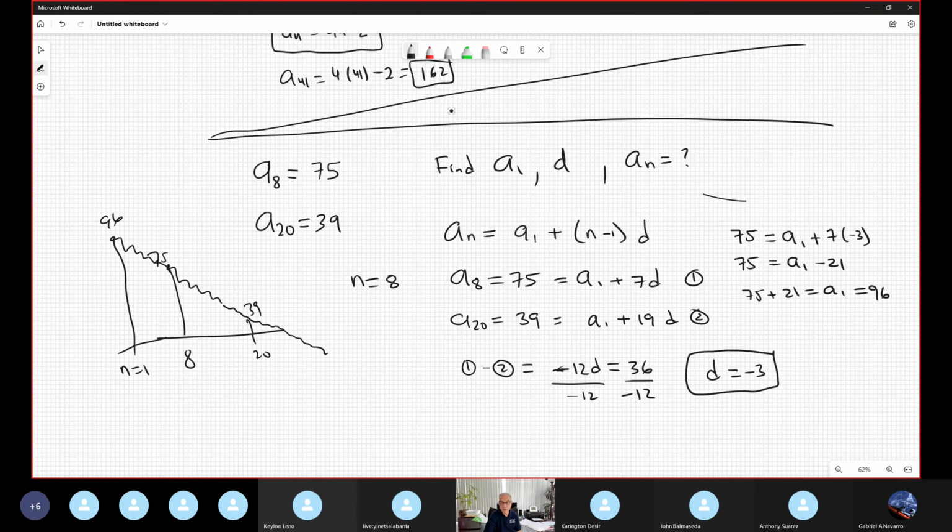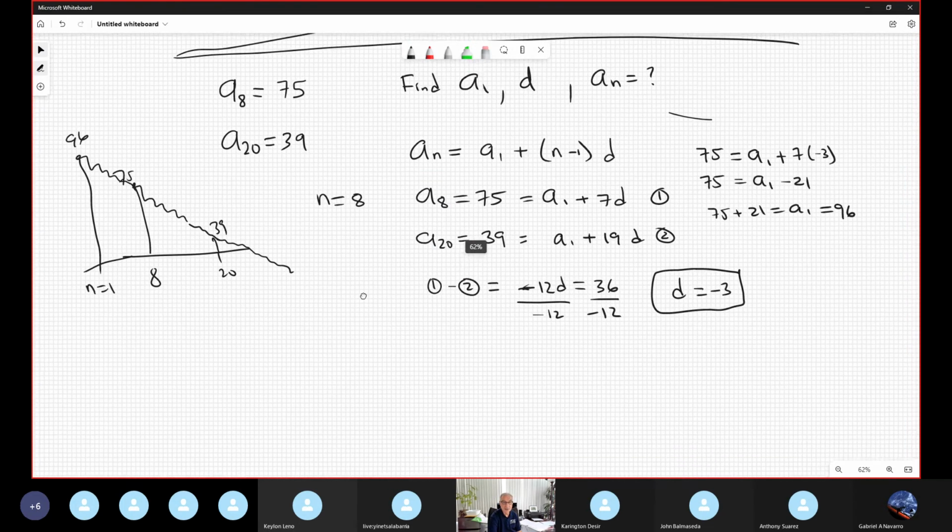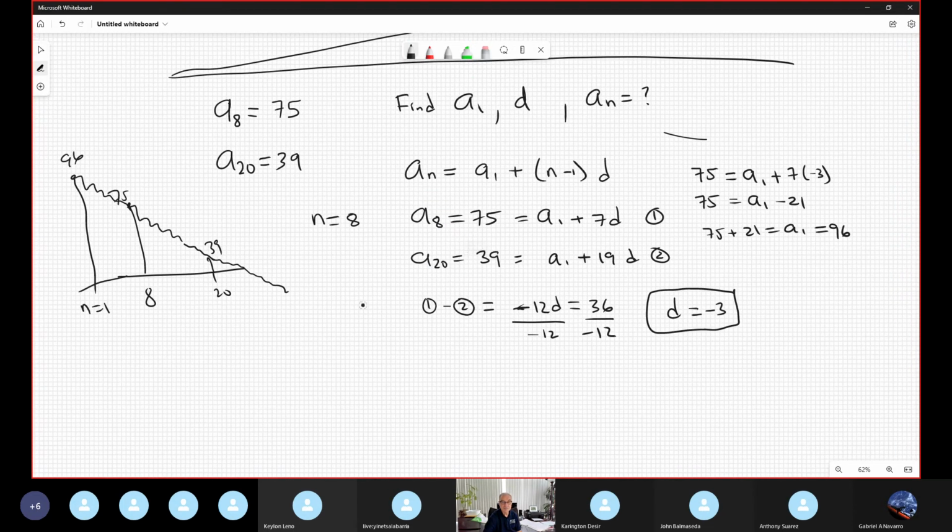Okay, now the formula. One more time you apply that idea. A sub n is equal to 96 plus n minus 1 multiplied by negative 3.